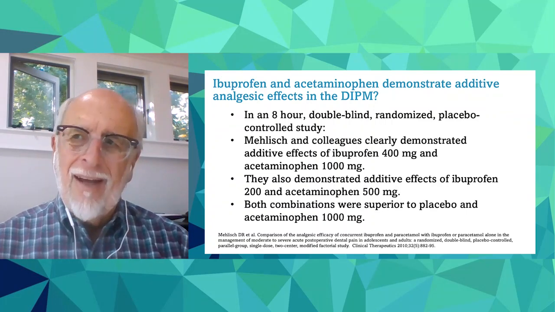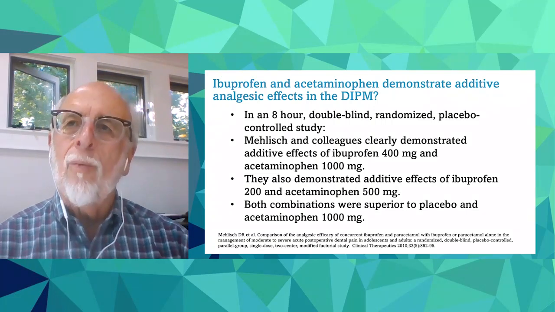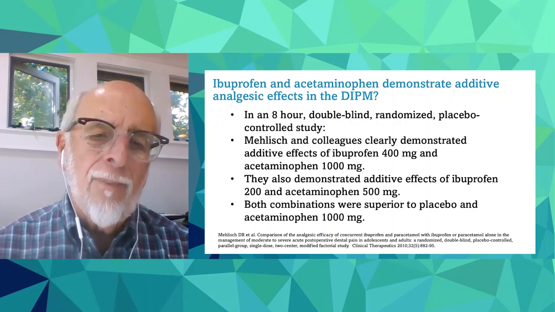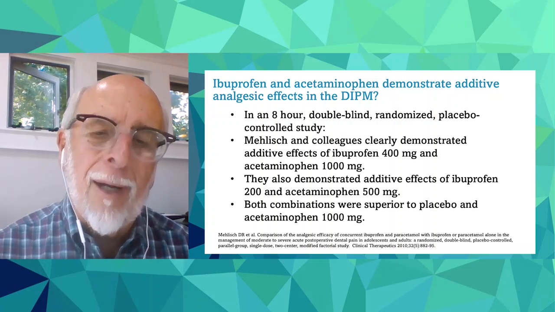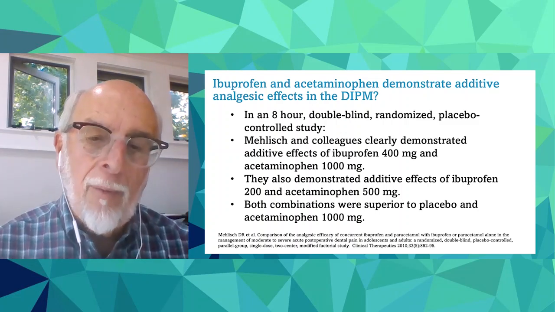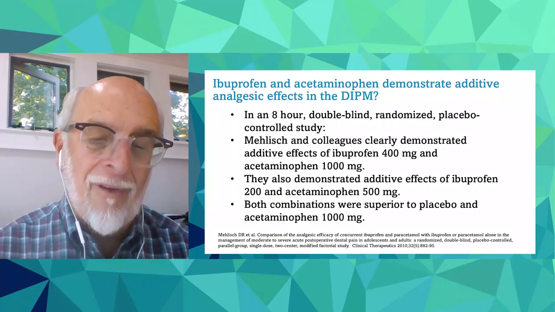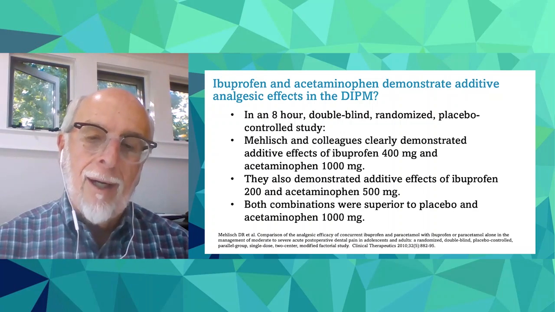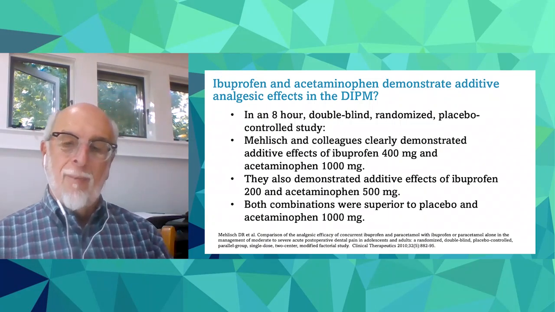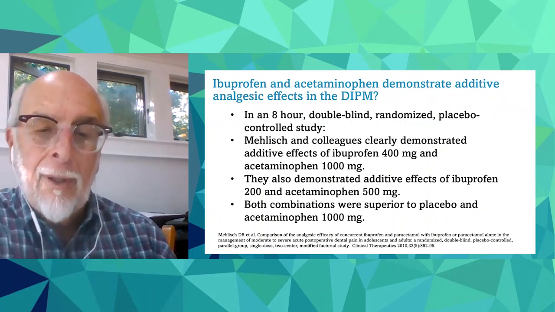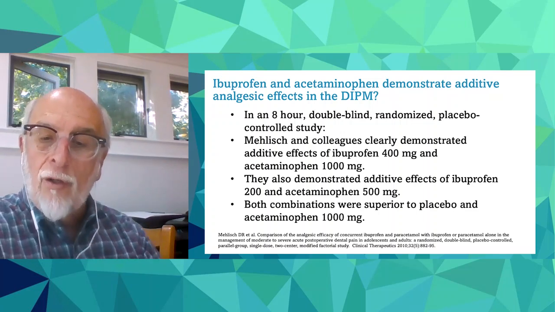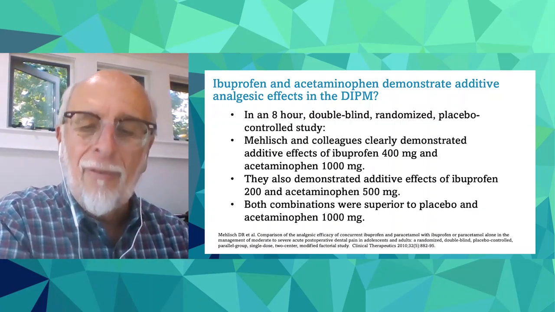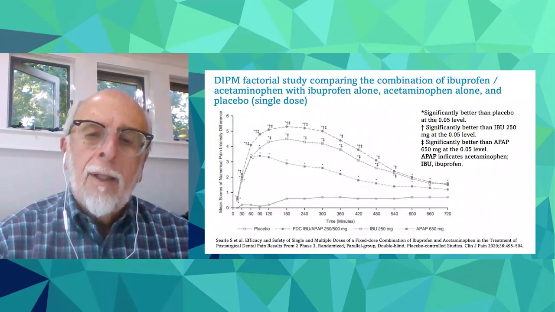And the fact that they could have an additive effect was fairly surprising. In this first study by Mellish, they combined ibuprofen 400 and acetaminophen 1,000. And they had a separate treatment arm that had ibuprofen 200 plus acetaminophen 500. They showed that both of those combinations were superior to acetaminophen 1,000 milligrams and definitely superior to placebo.